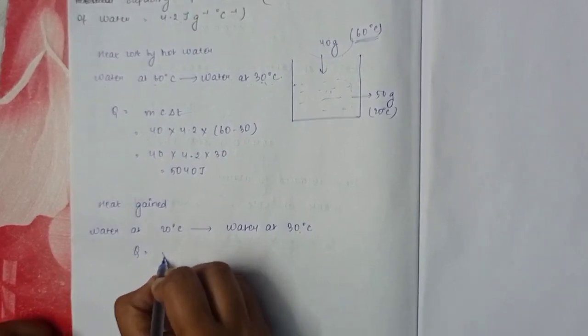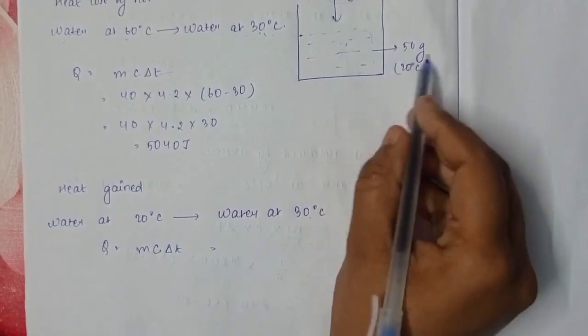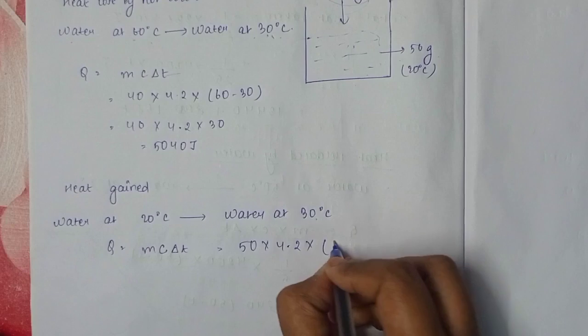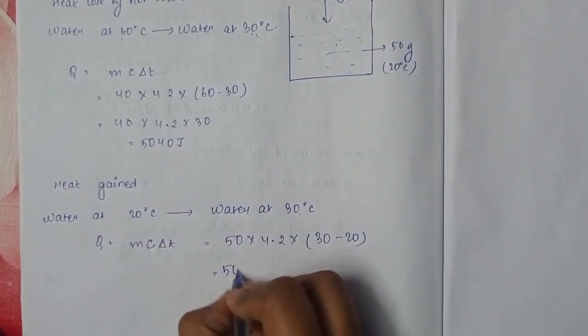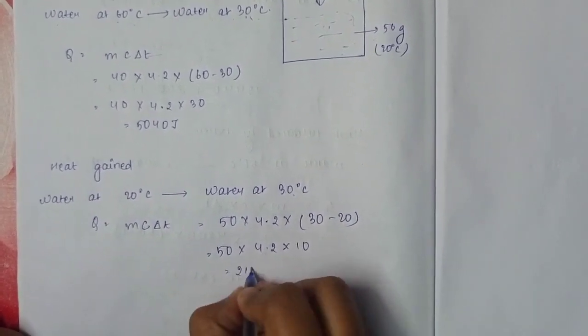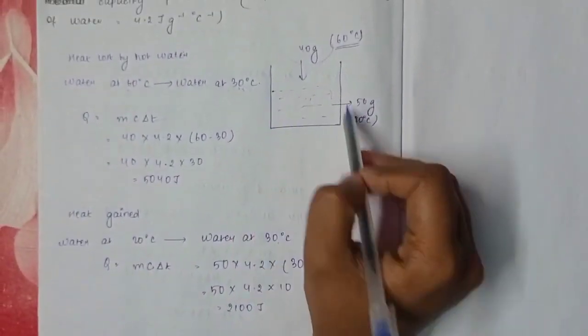So our heat will be equal to mc delta T. What was the mass of water in the vessel? 50 gram. So 50 into 4.2 into 30 minus 20, the larger minus the smaller. So we are getting 50 into 4.2 into 10. That means 2100 joule.